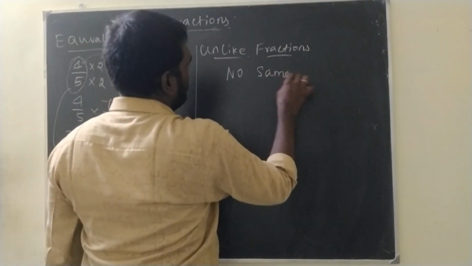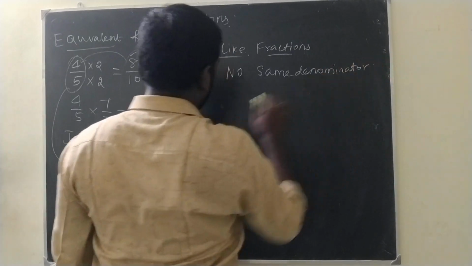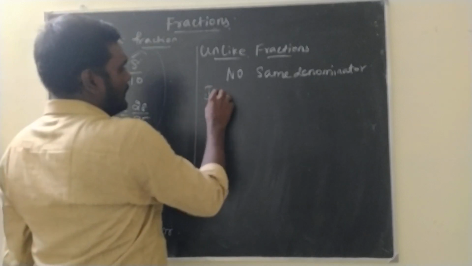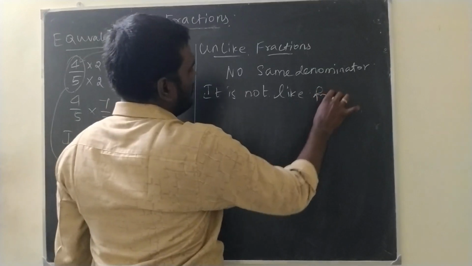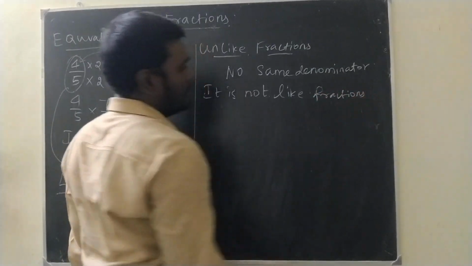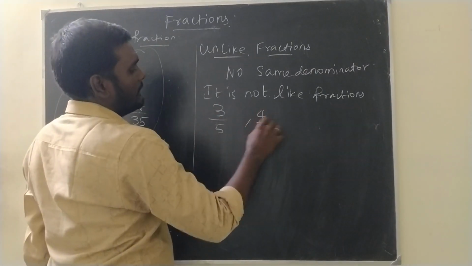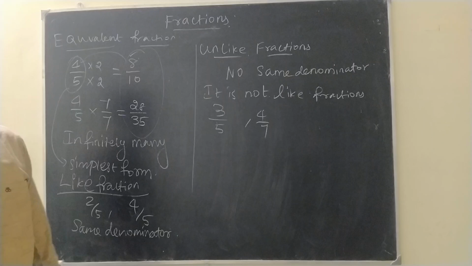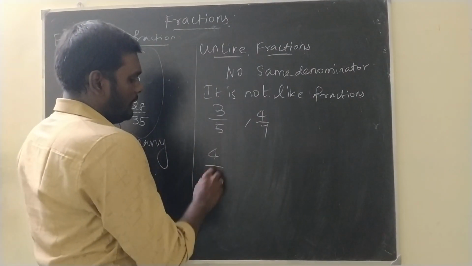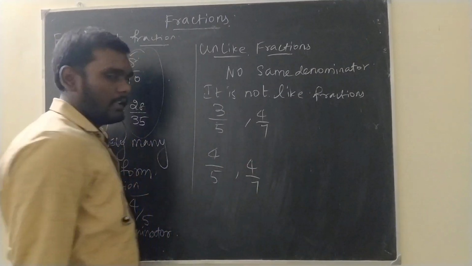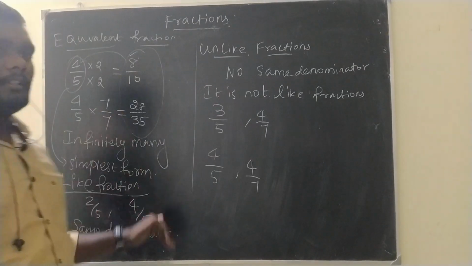If it is not a like fraction, then obviously it is an unlike fraction. See, 3 by 5, 4 by 7, are they like fractions? 4 by 5, 4 by 7, are they like fractions? No. Okay, so based on the denominator.